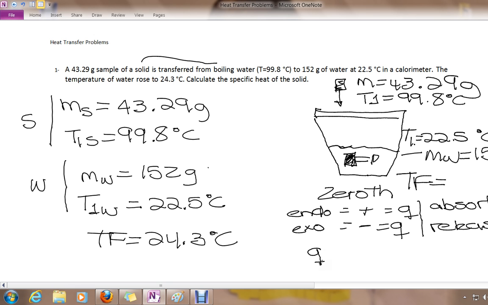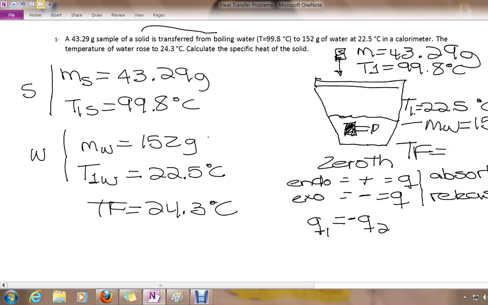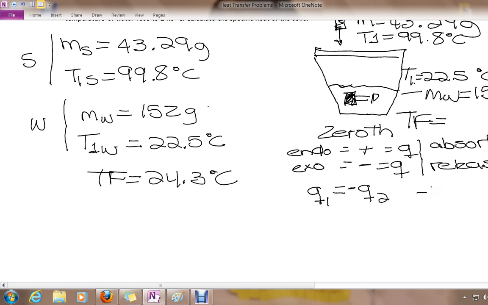So the heat of system 1 is always equal to the heat of system 2. Now, one has a negative sign, of course, because it is releasing heat. Which one will have it? The one that always has the higher temperature. It's always the negative sign for Q in the system of higher temperature.